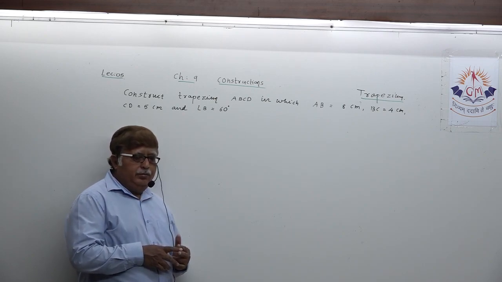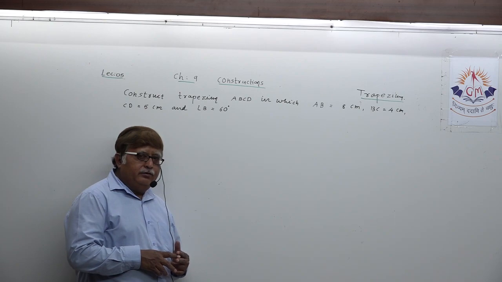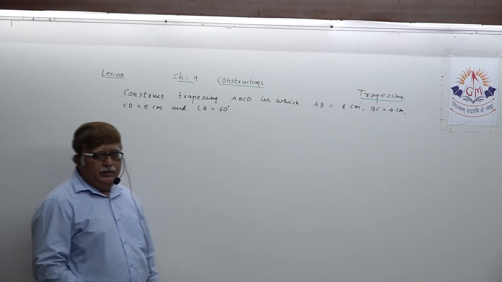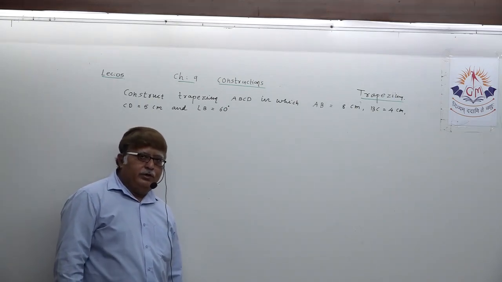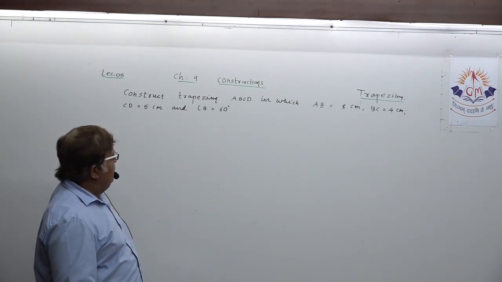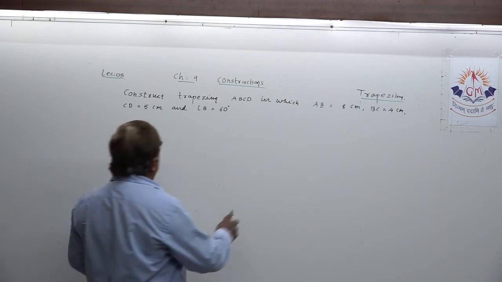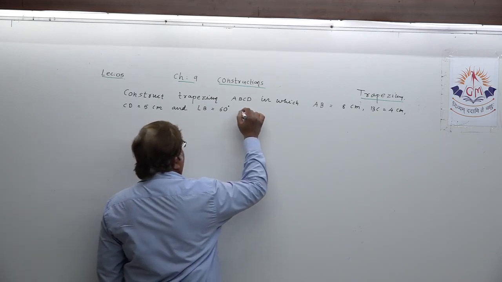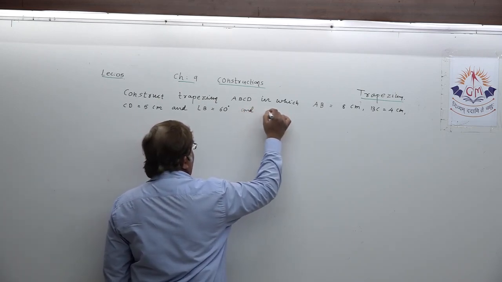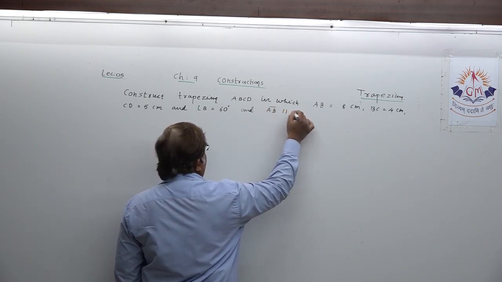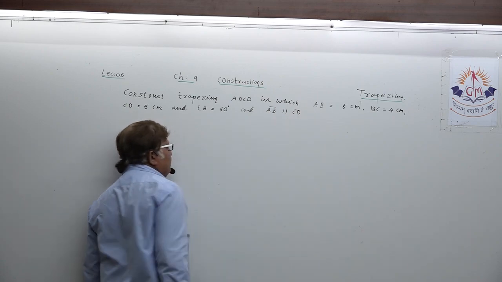You are given AB, you are given BC, and you are given CD. 3 adjacent sides are given, and one of the included angles, angle B, has been given. What is that? 60 degree. And here I haven't mentioned one thing. Please note down, and also you need to follow this instruction: AB parallel to CD.